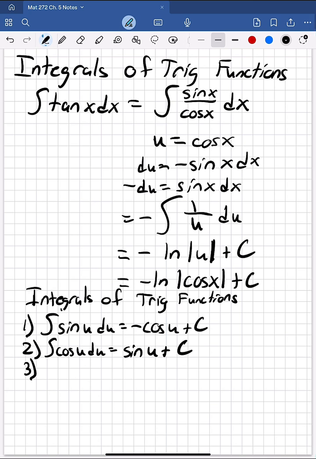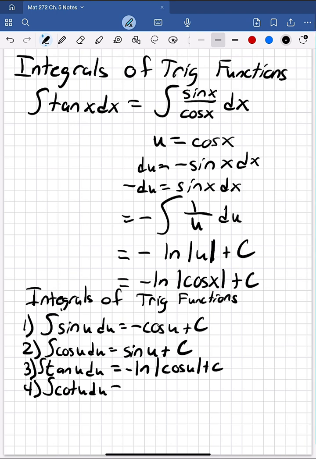Then we have the tangent. The integral of the tangent with respect to u is, as we just found, the negative natural log of the cosine of u plus c. Then the integral of cotangent with respect to u is the positive natural log of sine u plus c.